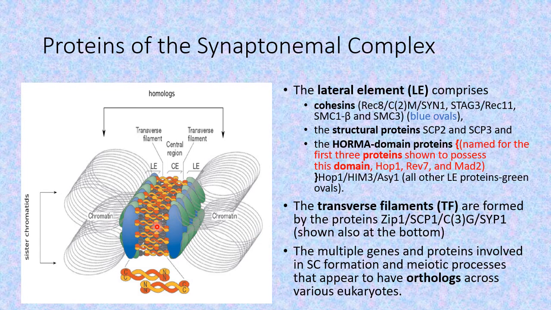Similarly, the transverse elements which zip together these lateral elements are formed of proteins like ZIP1 or synaptonemal complex protein 1 or SYP1. The same thing applies here also: different for different organisms, different types of eukaryotic cells. These zip-like proteins, these transverse elements, are basically dimers.